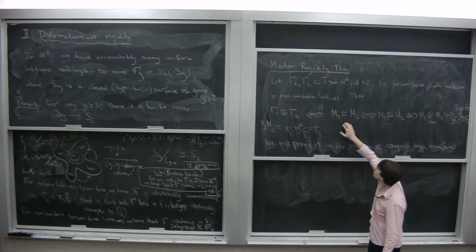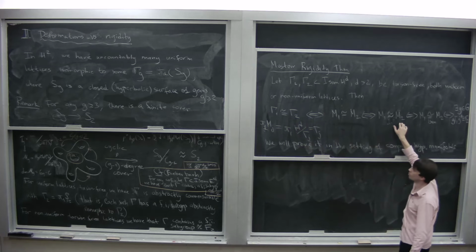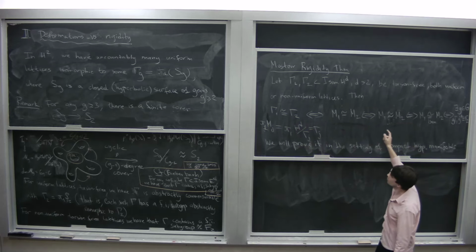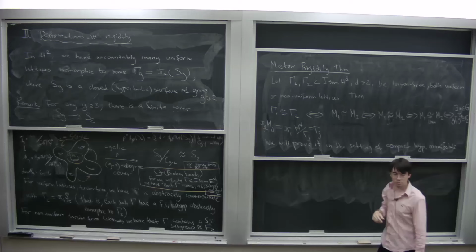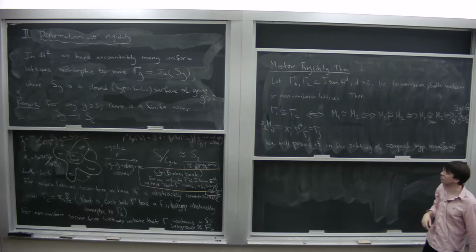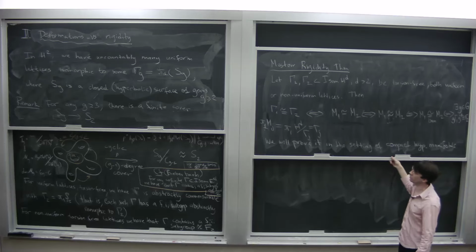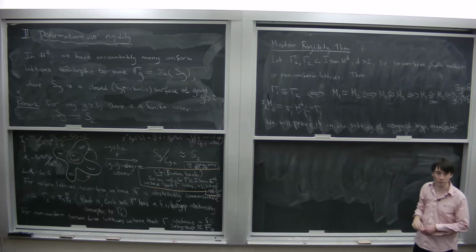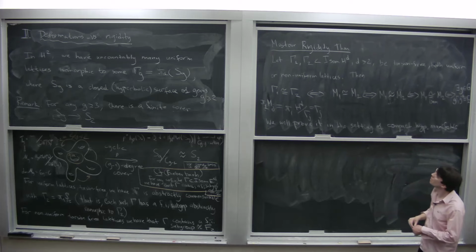We can have homotopy equivalent but not homeomorphic manifolds with the same fundamental groups, and so on, right? So it turns out that this rigidity is really a very strong theorem. It's a very strong statement about the behavior of compact or, well, finite volume hyperbolic manifolds in higher dimensions.